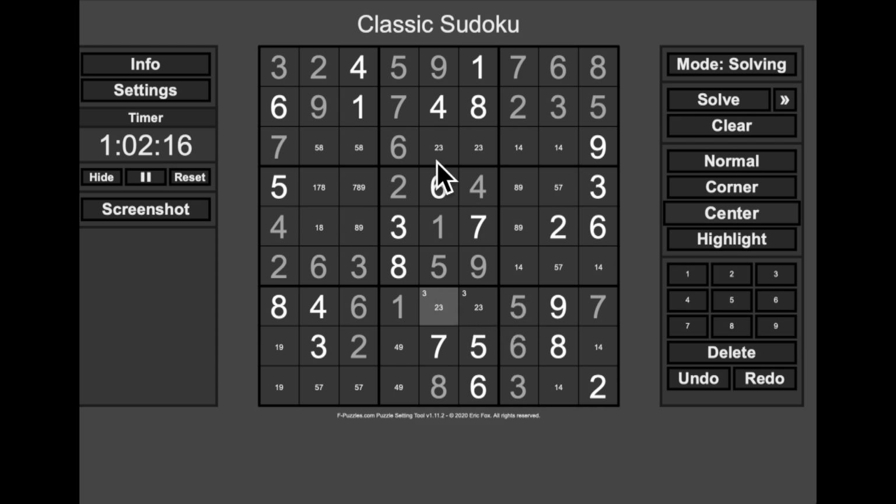But unfortunately, I've got a 2, 3 there that I still have to resolve. That's now an X-Wing, so the 2s are either here or here, or the 3s are here or here, and whichever one of that sequence is not either of 2 or 3, it must be the other of 2 or 3. But until I get some other digits, I can't really do anything else here, so I think I'm stuck there now.